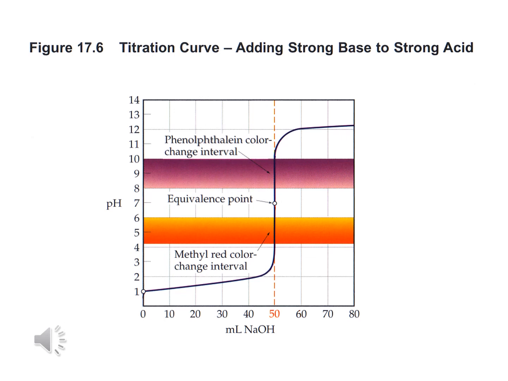You can see that either one of these will work for this titration because you're going to be able to see a color change within 1 drop. You don't have to be exactly at the equivalence point. All you have to be able to do is see the color change when you add the drop. So any indicator that has a color change on the vertical part will work for this titration.